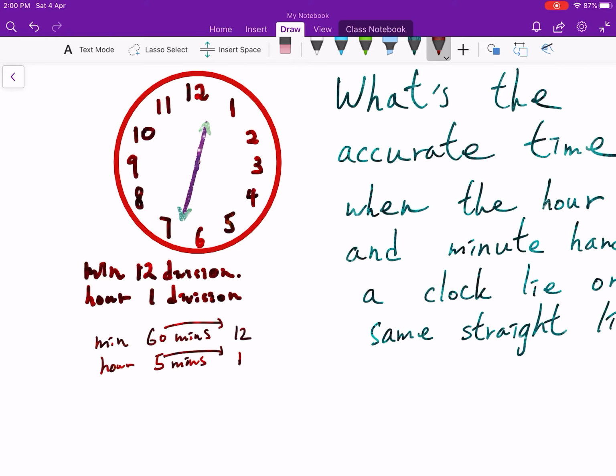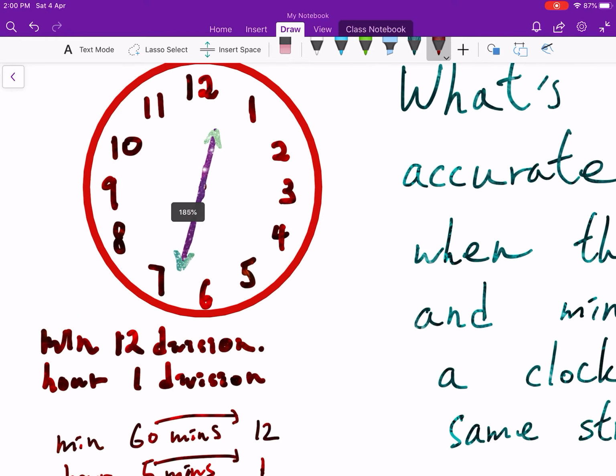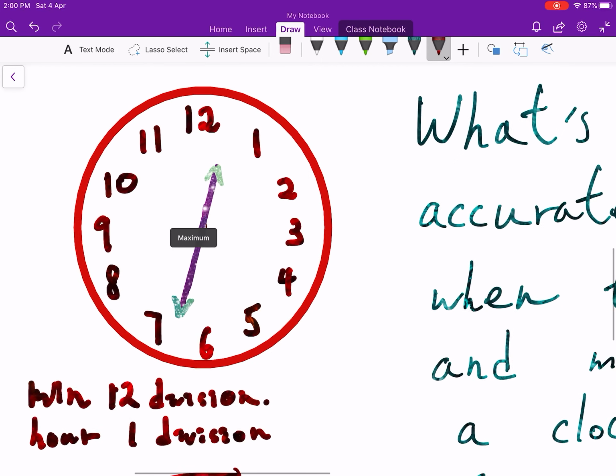So let's move back to the clock. A lot of you say that they lie on a straight line when it is 12:30, but that's not the case. Whenever the minute hand keeps moving, the hour hand is also moving at that time, but it moves much more slowly than the minute hand.